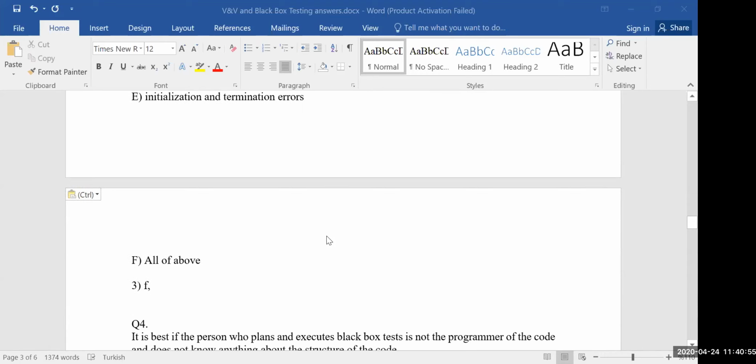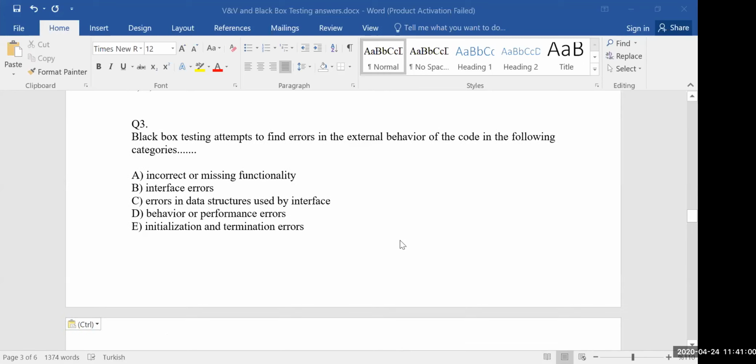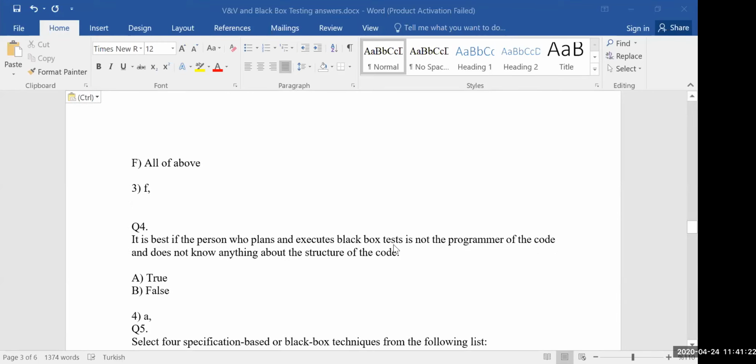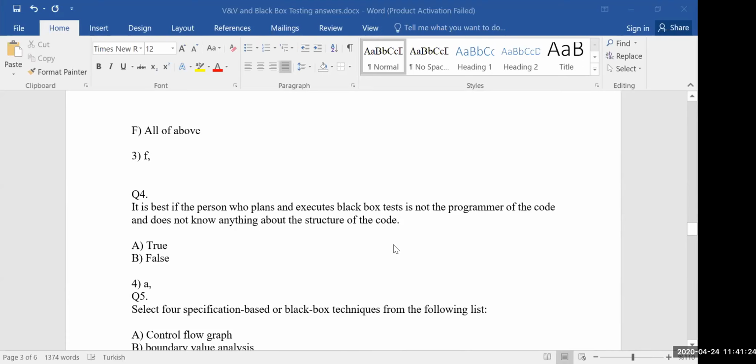So the answer is F. All of these categories come under black box testing. In other words, as written in the question, black box testing finds errors in all of these categories. If there is no objection, then let's continue with question number 4.